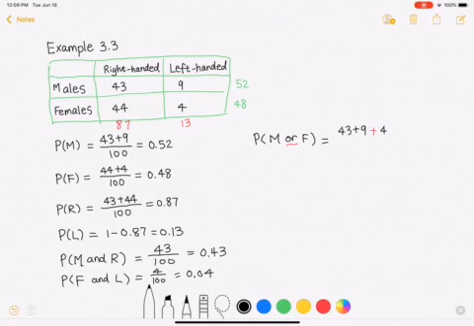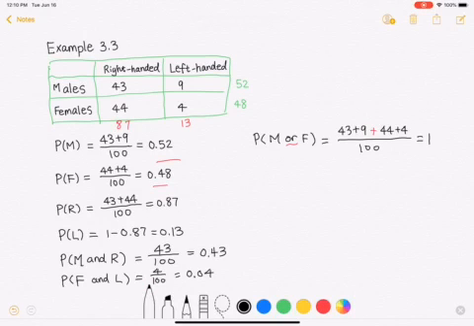For the female it is 44 plus 4. Okay, then all over 100. And you can use a calculator to verify that. The answer is 1. Now that's another way to do it. Okay, you find the probability of male, which is 0.52, and add the probability of female, which is 0.48. So that adds up to be 1 also.